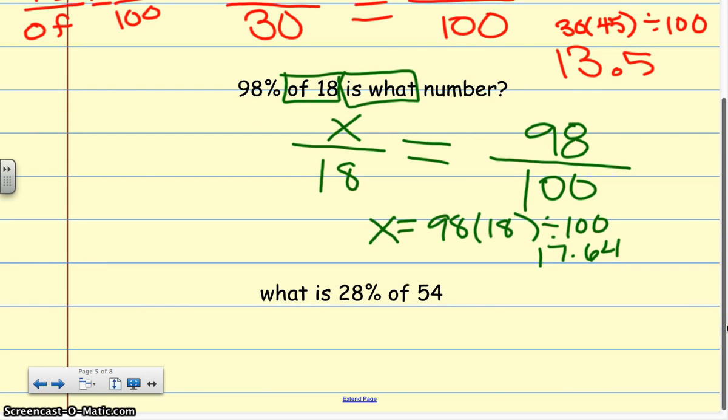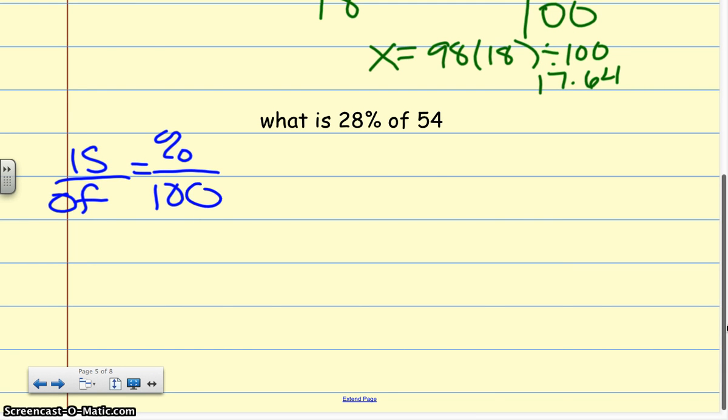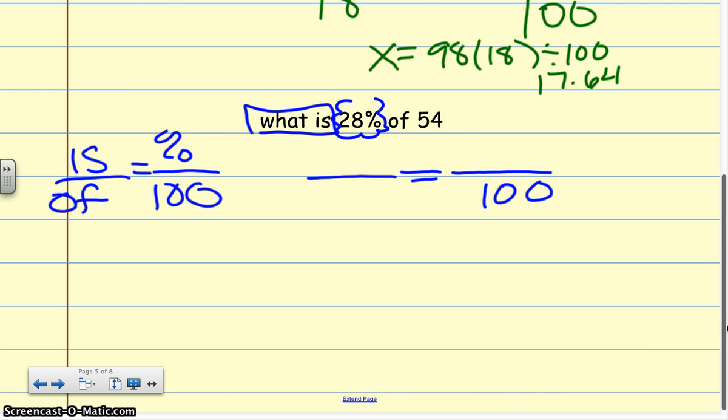What is 28% of 54? So again, we have is over of is equal to percent over 100. Draw the skeleton. Start dissecting the sentence. What is 28% of 54?